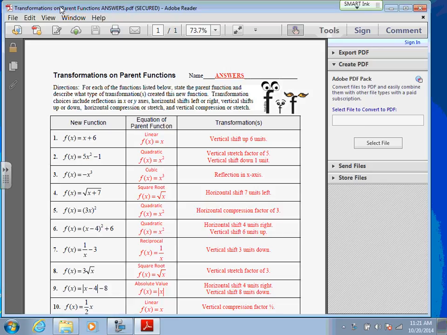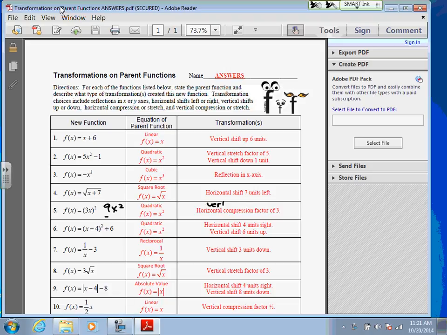Number 5, and we did this one in class, you had to make sure you first raised to the power. So it was 9x squared. That gave you the parent graph of a quadratic. Now, it's doing a dilation here. It's doing a stretch. They do a horizontal compression.